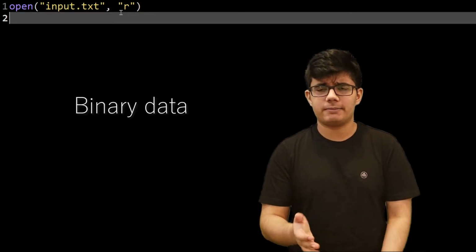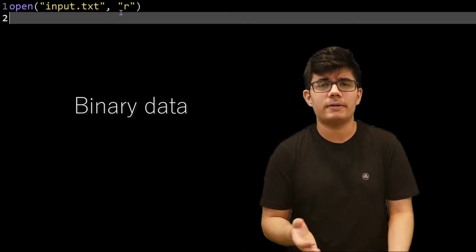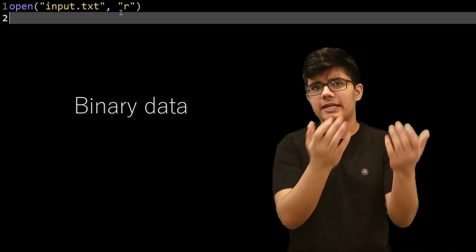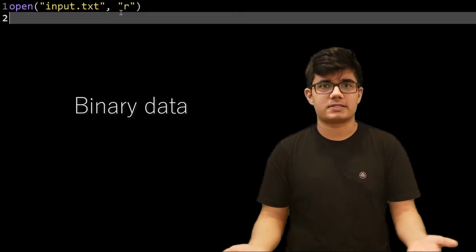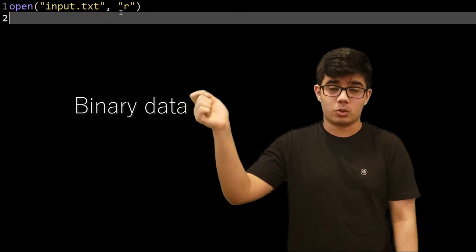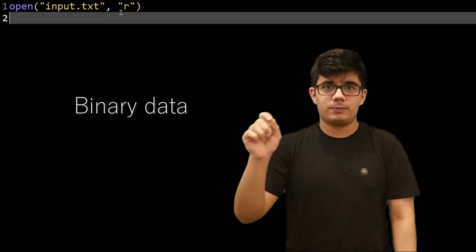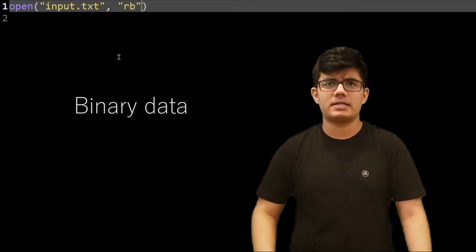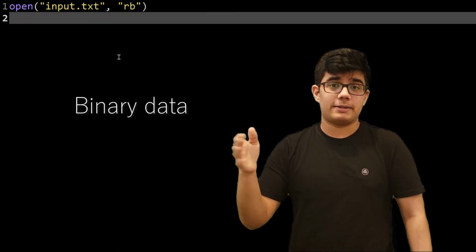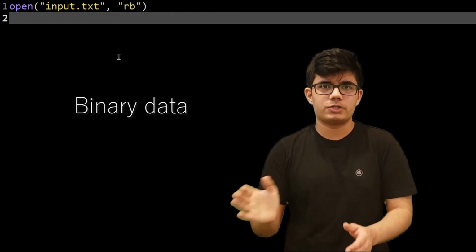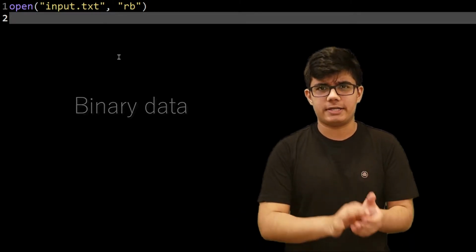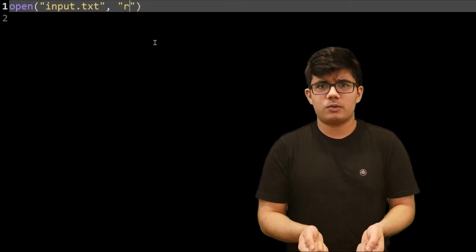Well, I've talked about it previously in another video, but what you can actually do with this is represent complex things like images or something else. That's why if you were to represent something like that, instead of just simply putting R, you would put RB. What that does is simply let the compiler know that we're not trying to read text, we're trying to read binary data. It does default to text, however, so usually you don't have to worry about that.